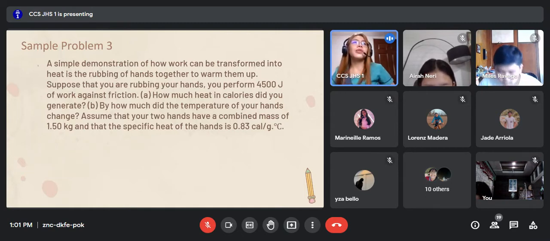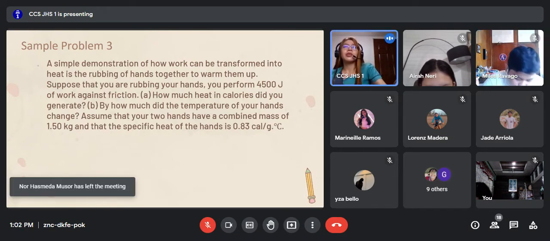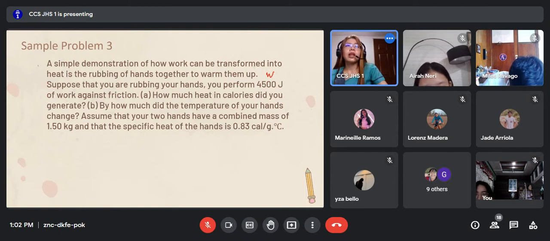What formula will you use for letter A? Anyone? These are the given. Work equals JQ. Okay, work is equal to JQ, correct. This is the work, 4,500. This is the mass, and this is the specific heat.